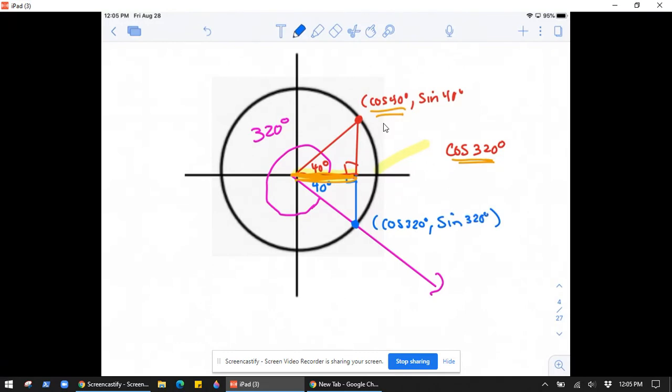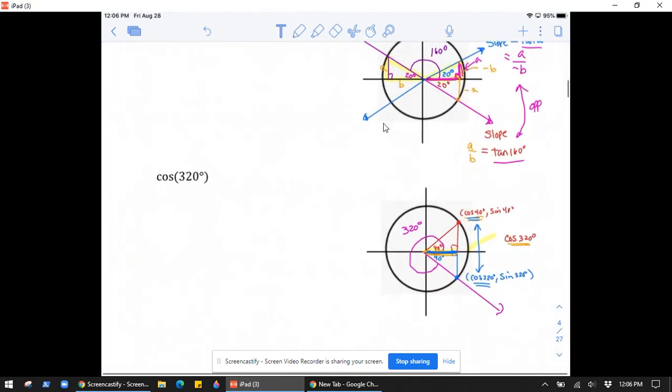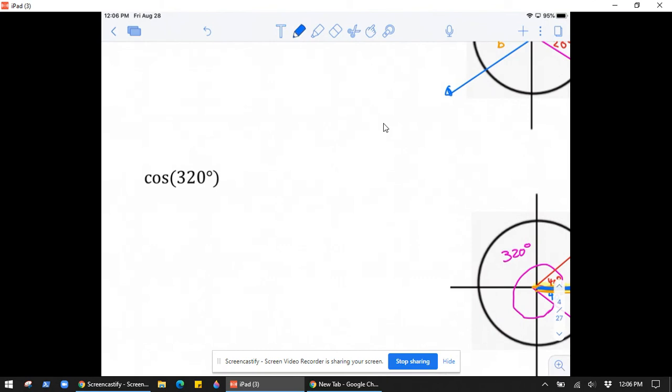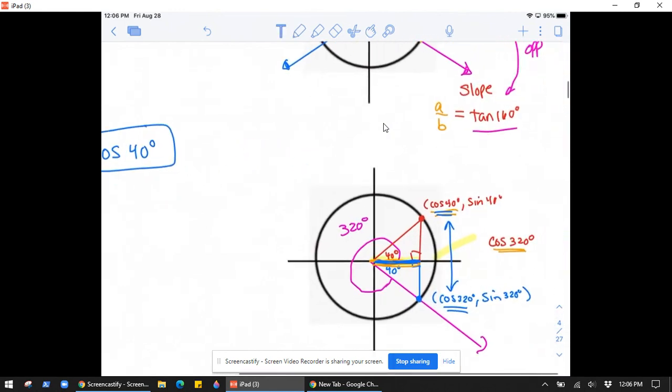But in any case, the x-coordinate is cosine of 320 degrees. The x-coordinate up here is cosine of 40 degrees. We can tell those are the same x-coordinate. So we can say that cosine of 320 degrees is equal to the cosine of 40 degrees. So this time there's no negation necessary.